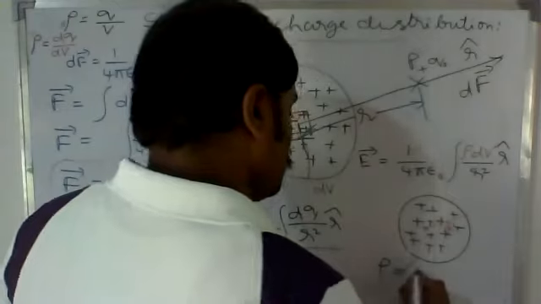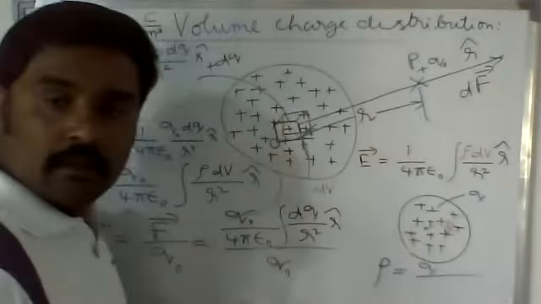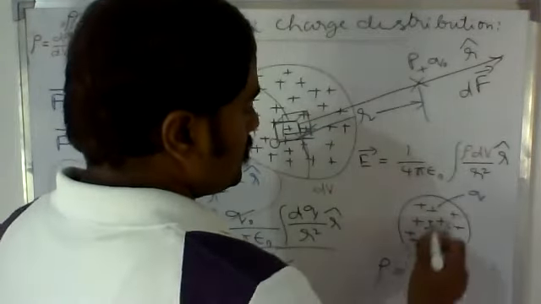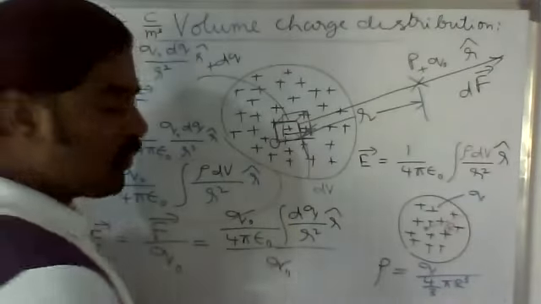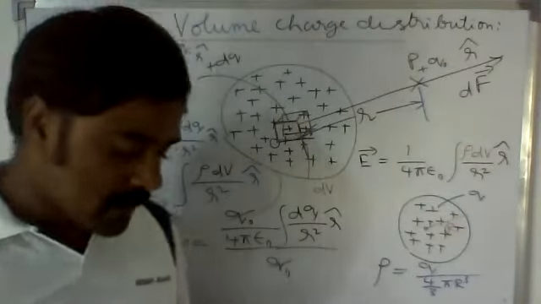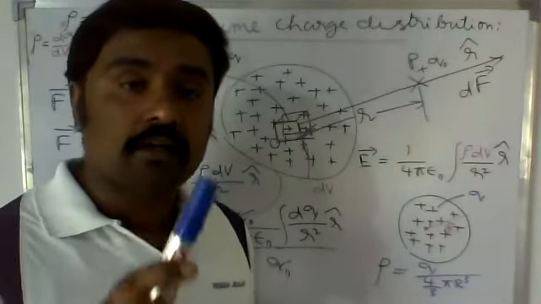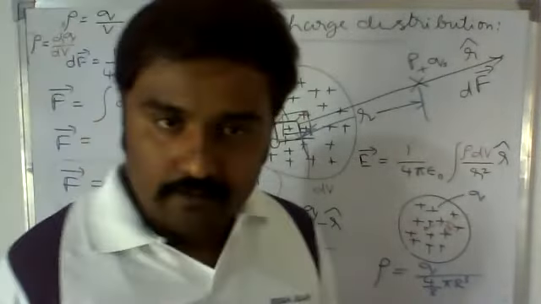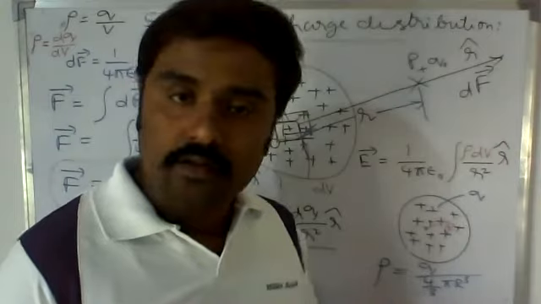Rho is equal to q divided by the entire volume, 4 by 3 pi r cube. So rho is equal to q divided by 4 by 3 pi r cube, and this is the mathematical expression for the volume charge density of the sphere.